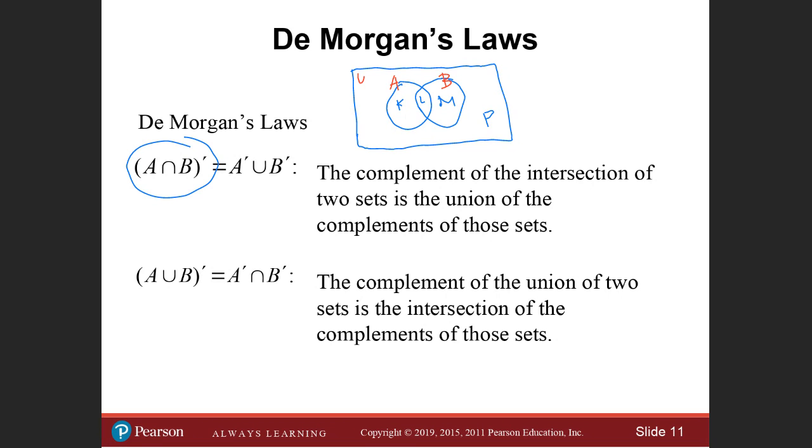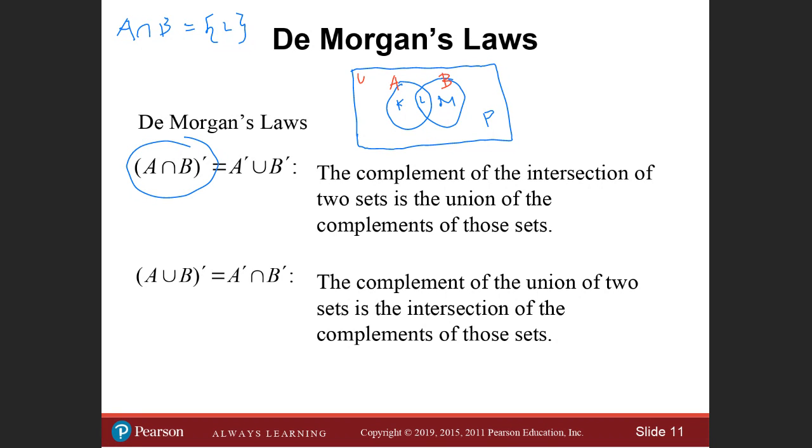That would be L would be the answer. So that's the common element for A and B. When you say intersection, it is the common or the overlapping between set A and set B.